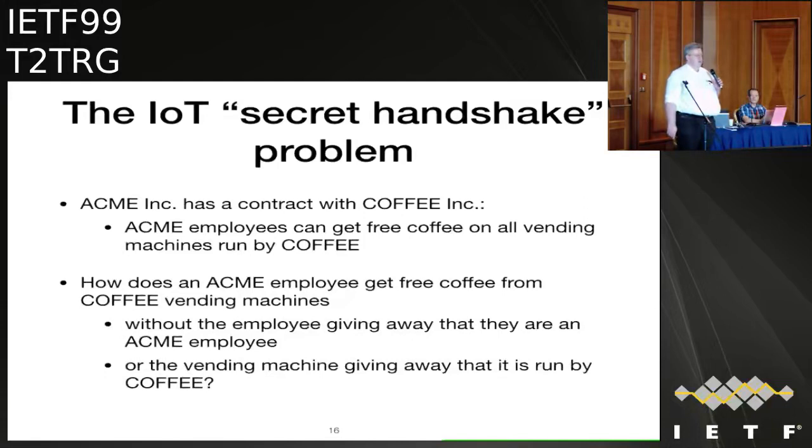Now this sounds relatively easy, but when you add the requirement that the mug should not really divulge who you are, and the coffee machine doesn't really want to divulge all the contracts that are there in the background about giving out free coffee, then it becomes interesting, because you need mutual authentication without either side giving away who they are, except to people who actually can authenticate and are authorized to get that information.